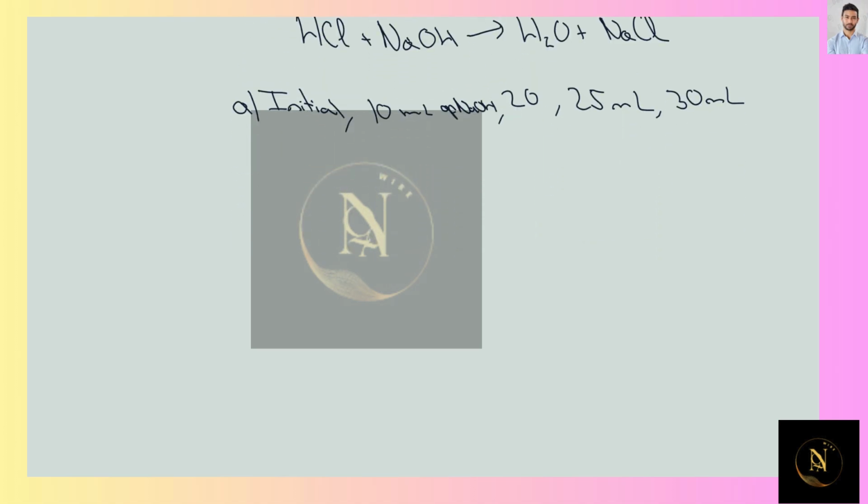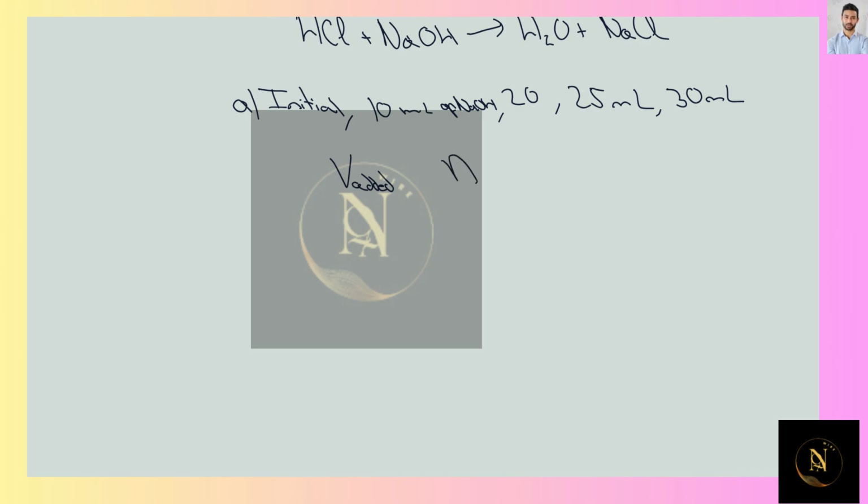So what I'm going to do is, taking advantage that we have a one-to-one relationship, let's do a table with the amount of mole that we have added at the different points. So let's say for case 1, we have the volume added. We are going to have the amount of mole of OH minus that we added. We're going to have the initial amount of mole of HCl, which corresponds to the amount of mole of H3O plus.